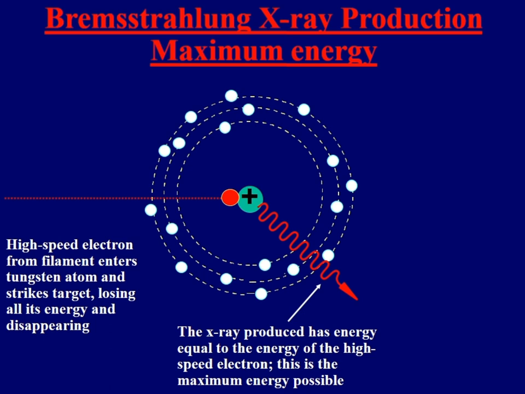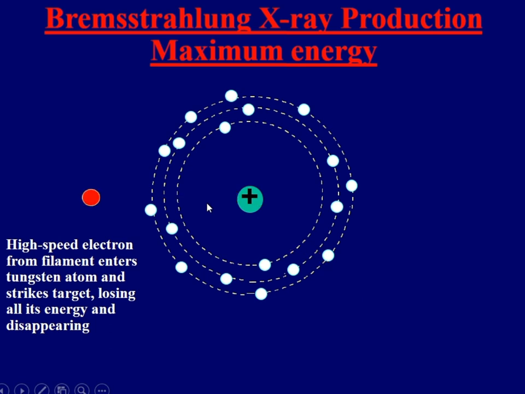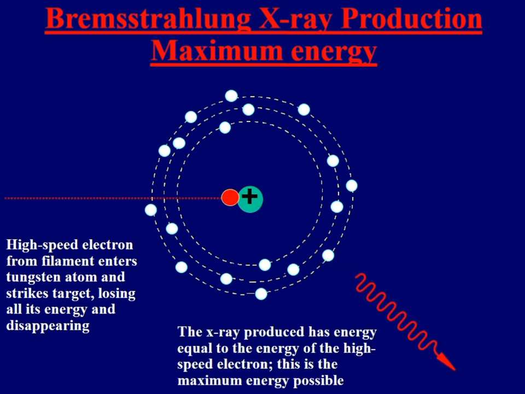When the electron directly strikes the nucleus, the X-ray photon released has energy exactly equal to the energy of the incident electron. So this is how the X-ray photon is produced with maximum energy. Maximum energy means the energy which is the same as the energy of the striking electron.